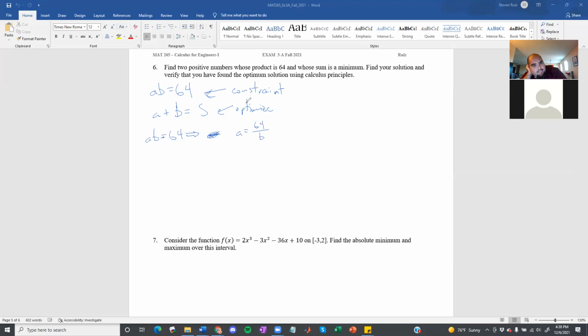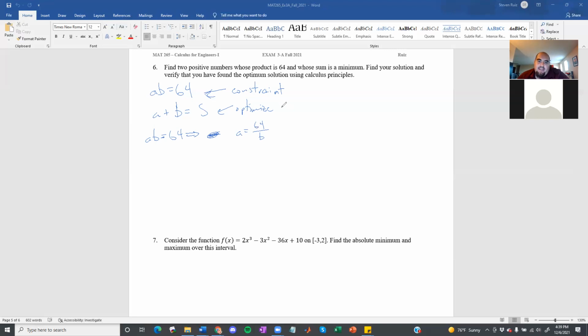I mean, in general, where do maximum and minimum values of a function happen? When it's 0. When what is 0? The slope. How do you get slope? Derivatives.